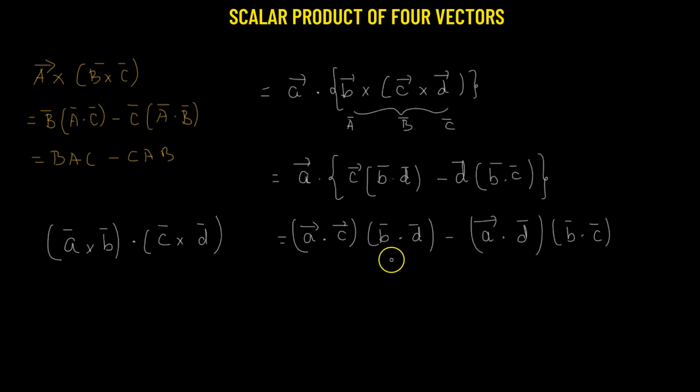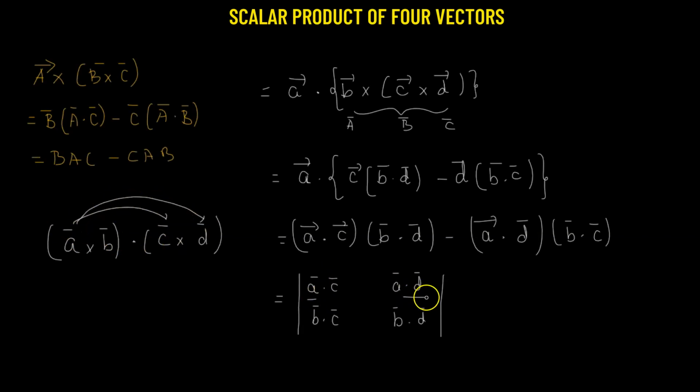However, there is an easier way to remember this, because if we look at this particular expression, it is actually a 2 by 2 determinant, so this can be written as A dot C, B dot D, and we have A dot D and here B dot C. The best way to remember this is as if we are distributing A cross B with C cross D. So first we have A dotted with C, and then A dotted to D in the first row.